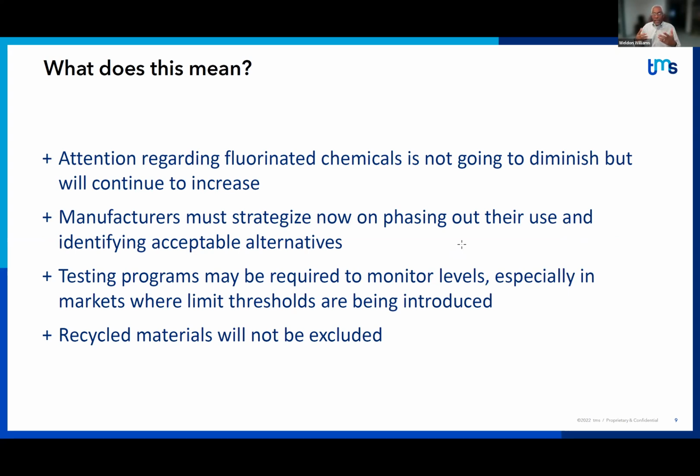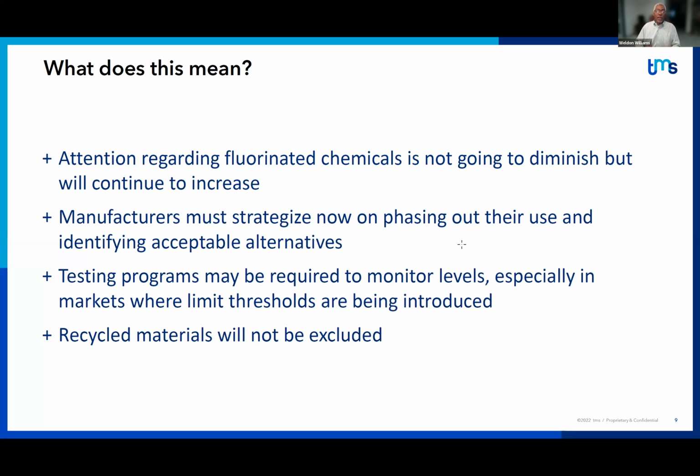So what does all this mean? From an overall standpoint, it means that we have to give extensive attention to fluorinated chemistries, because it's not going to go away. We're going to continue to hear more and more about it. It's going to be the hot button topic. But beyond that, manufacturers need to strategize on ways to phase these out in a cost-effective manner, and at the same time identify alternatives that are not themselves going to be identified as a problem.